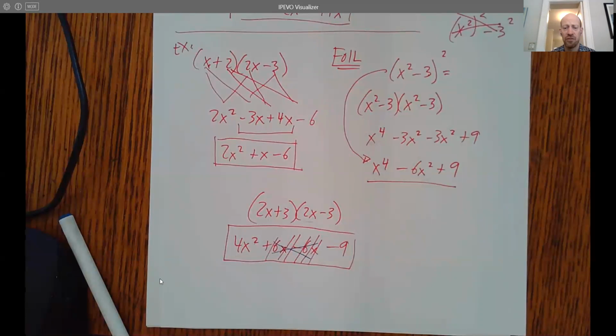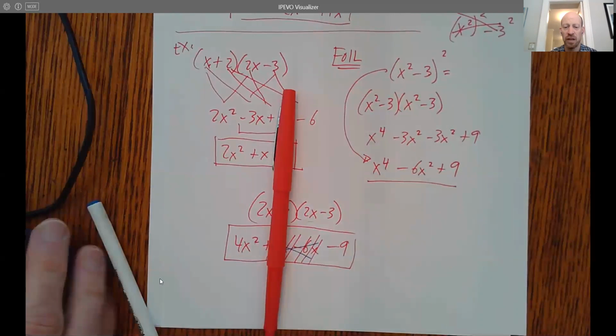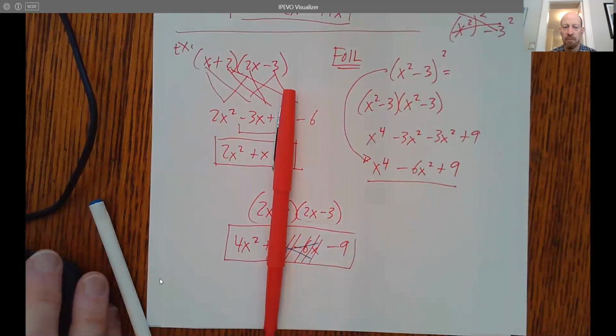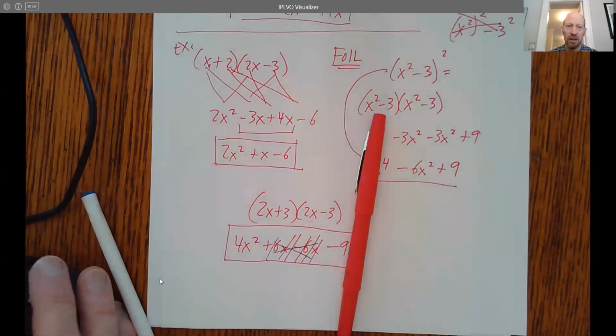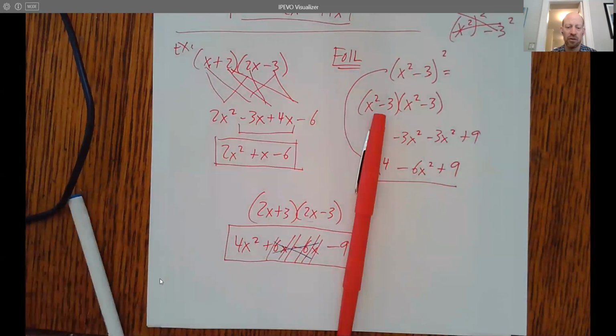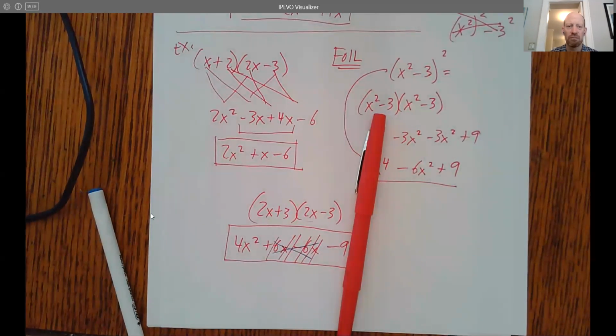If you do enough of these, you'll just discard these middle terms right away, and you won't even think about them. But if you just go ahead and FOIL it normally, you'll get the same answer. So I don't think it's so critical that you use those special products. It's helpful, but you can get there with other methods.